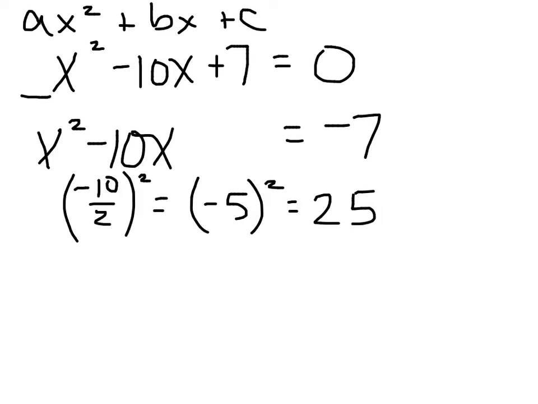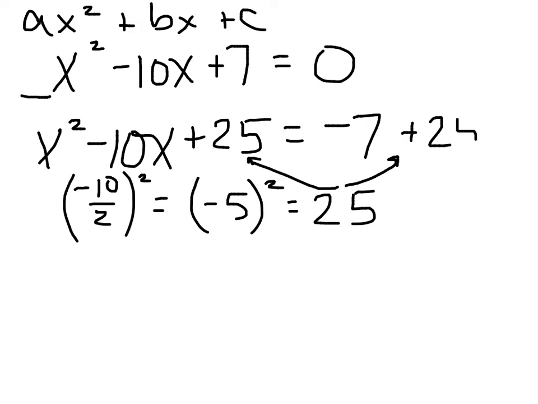I'm going to stick a 25 into both sides. So in that big giant gap or space that I left, that Nicole mentioned, I'm going to put a plus 25. And if I put something on the left side, I have to put something on the right side. So I have to put a plus 25 over here too.